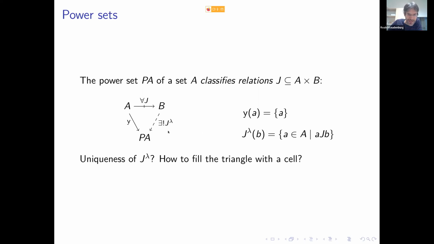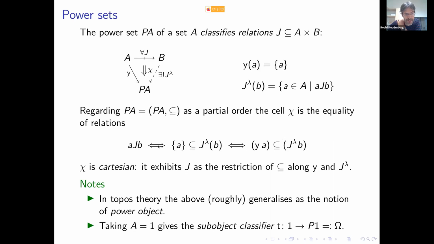So this J lambda is unique. How is it unique? Well, such that we can fill this triangle with a special kind of cell, and the morphism on the left here is inclusion as singleton. So Y of an element a is just the singleton set of a in the power set. So we want to fill this with a cell chi.